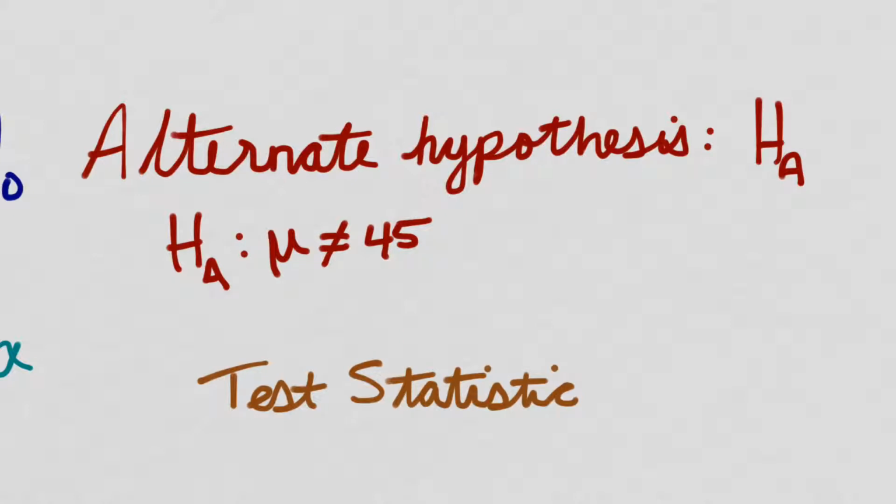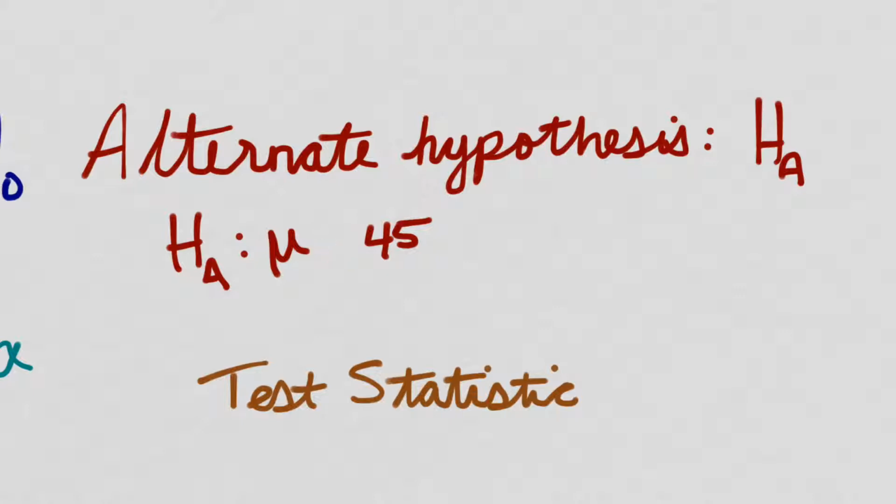When we're dealing with an alternate hypothesis, we're basically saying that the null hypothesis is not true. They can take many forms. We can say the alternate hypothesis is that our population mean is not equal to 45. We could say that our population mean is greater than 45.